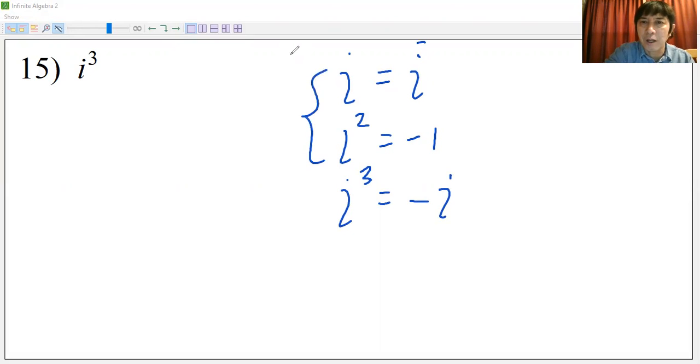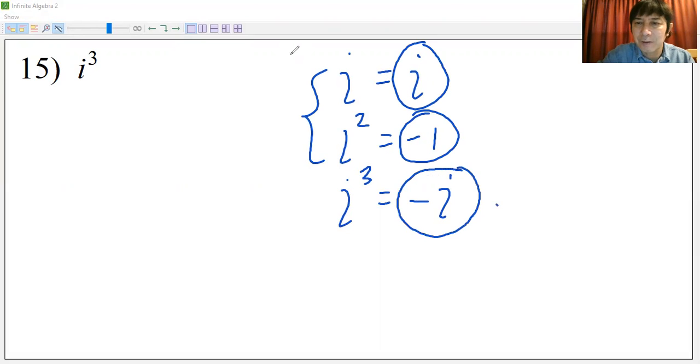So that means i times negative 1. So i cubed is negative 1 times i. So that's why the answer is negative i.